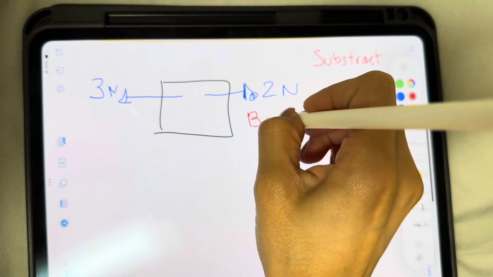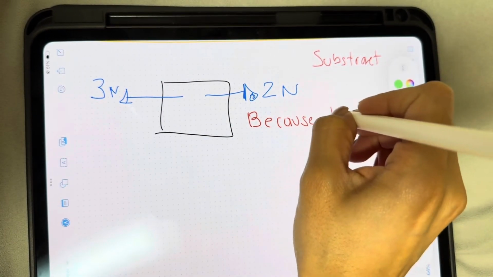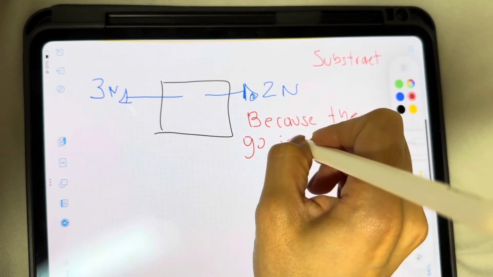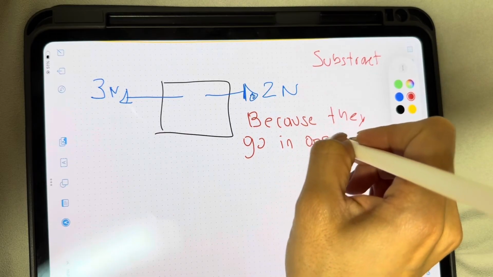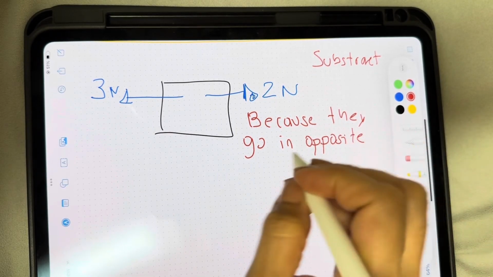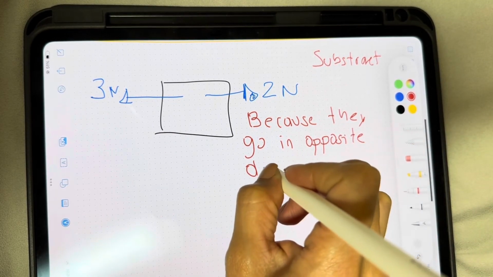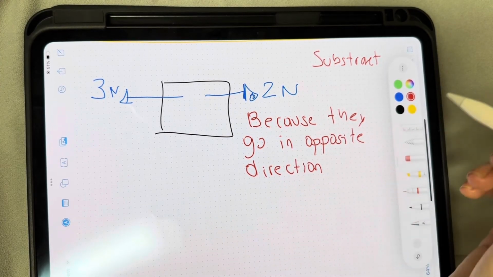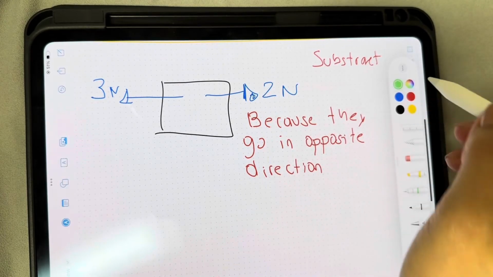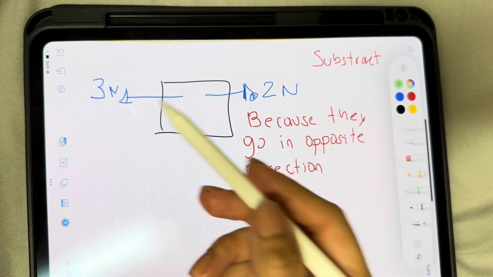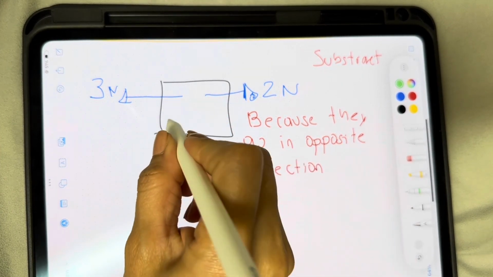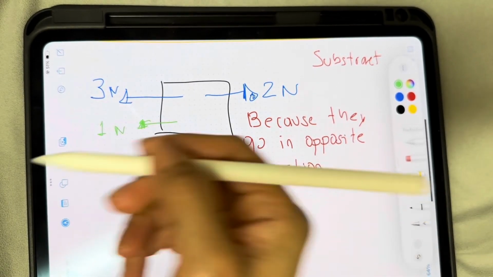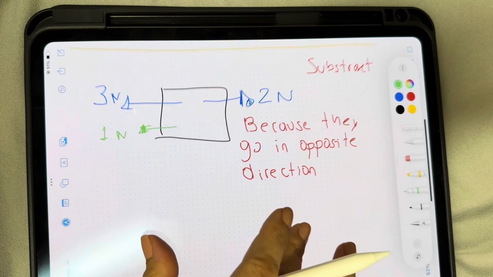Because they go in opposite directions. So what will be the resultant force here? 3 minus 2, the resultant will be 1 newton towards the left side. Okay?